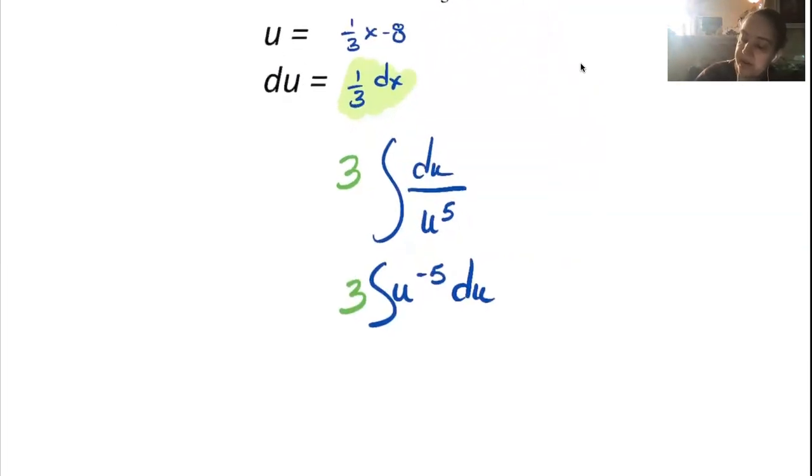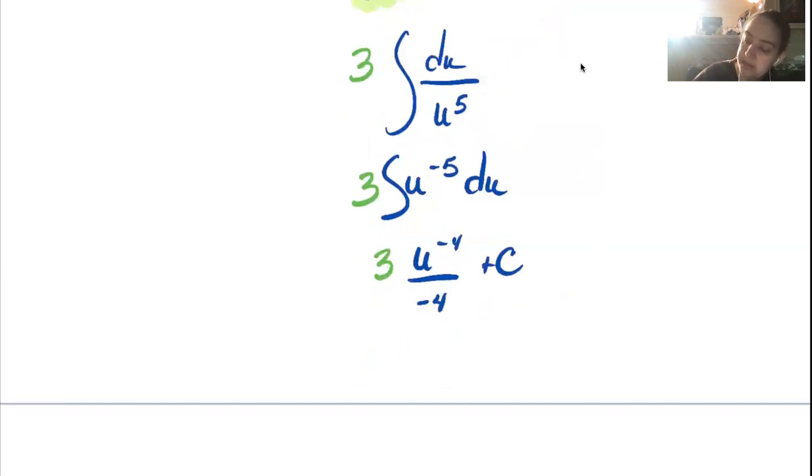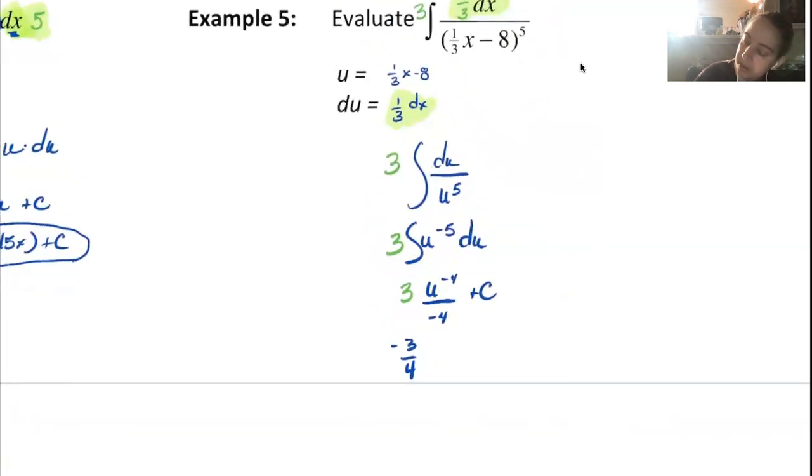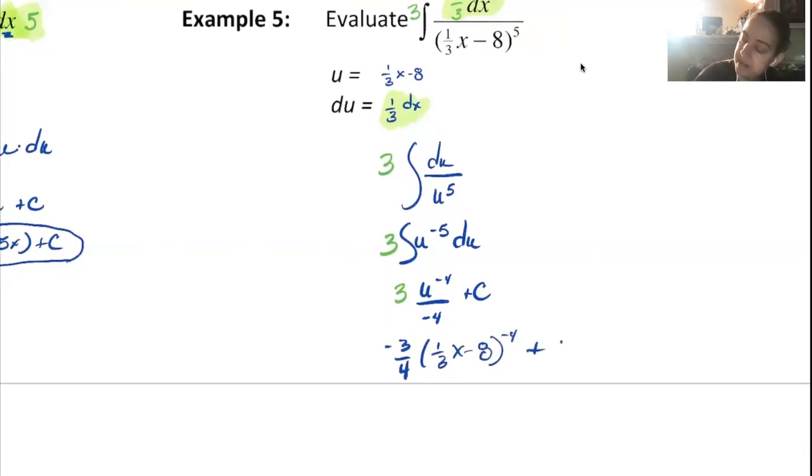The antiderivative of u to the negative 5 is u to the negative 4, divided by negative 4 plus c, and we put the 3 in the front. So this becomes negative 3/4. What's my u? Oh, I should zoom out. (1/3 x minus 8) to the negative 4th plus c.